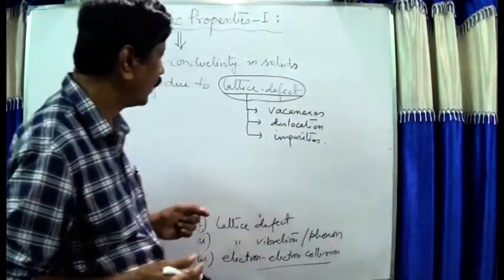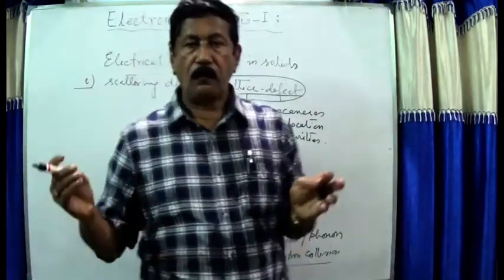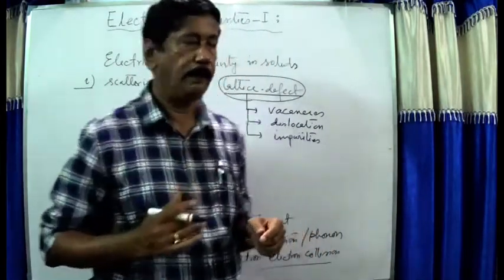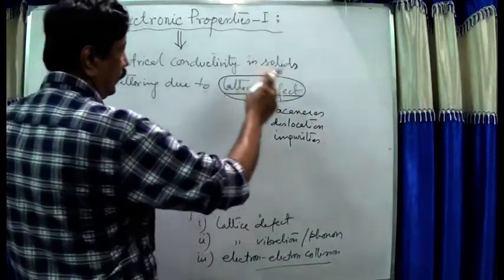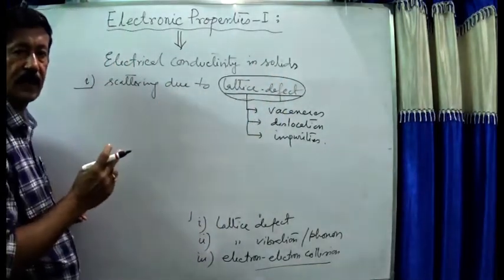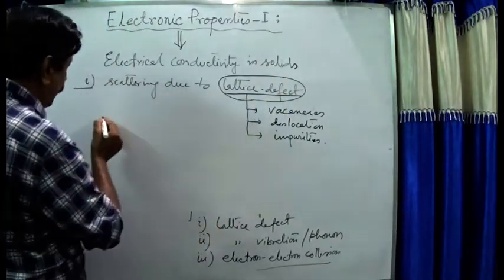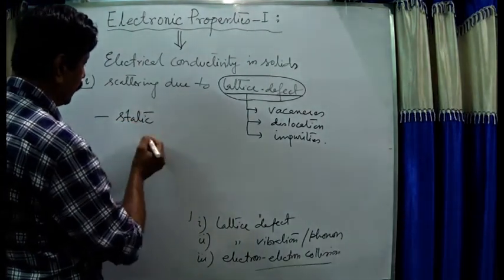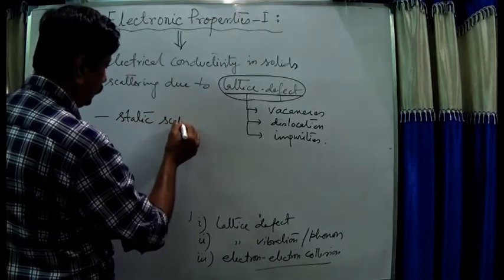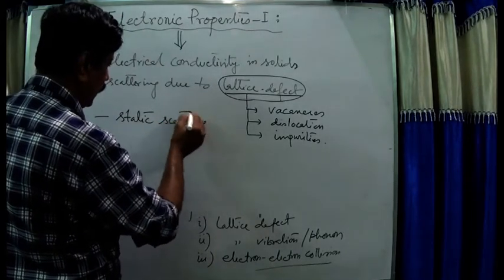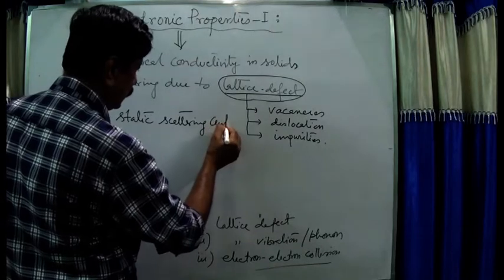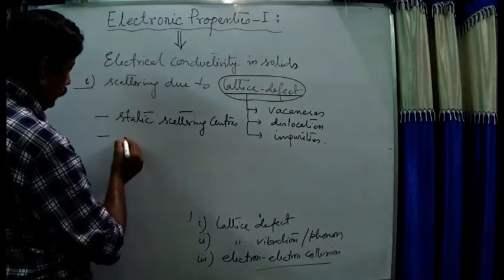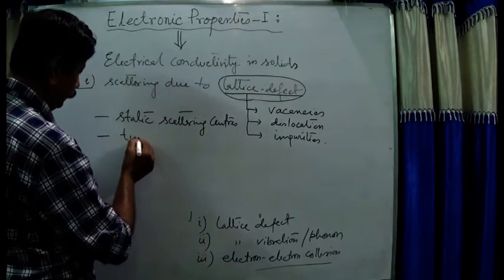So, to a moving electron or to a Bloch wave, this defect appears as a static scattering center. So it is time independent.